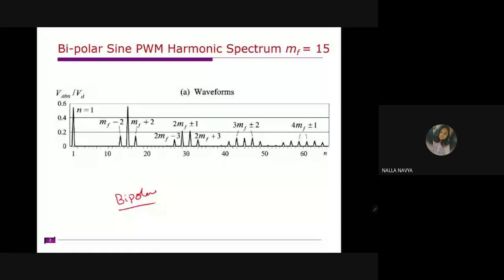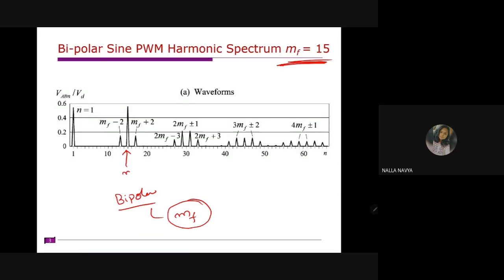Here MF pulses are generated, so you have a harmonic at MF, but you don't have a harmonic at 2MF.